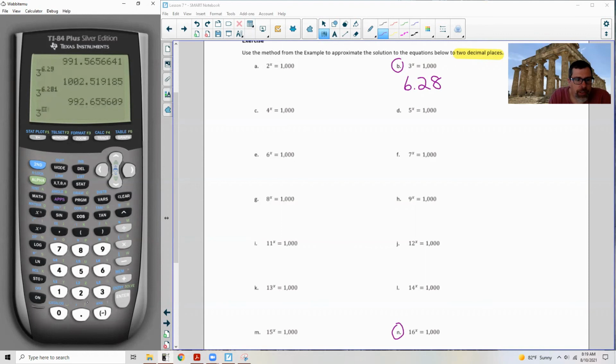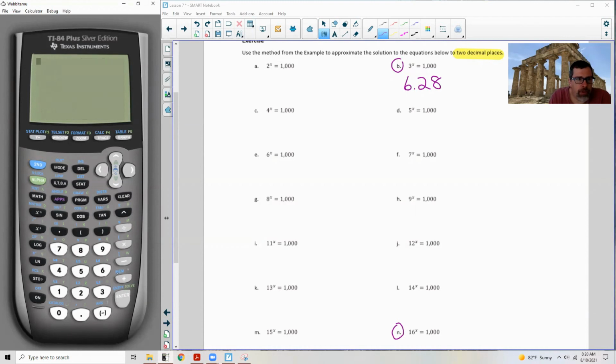3 to the power of 6.282. Okay. 6.283. 6.284. And I'm going to do the next one differently, and I'll explain it when I get there. 6.285, enter. 6.286. 6.287. 6.288.